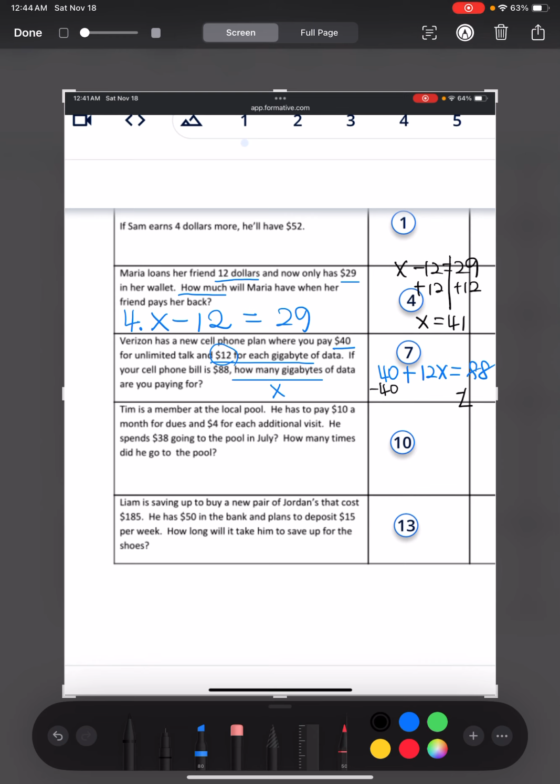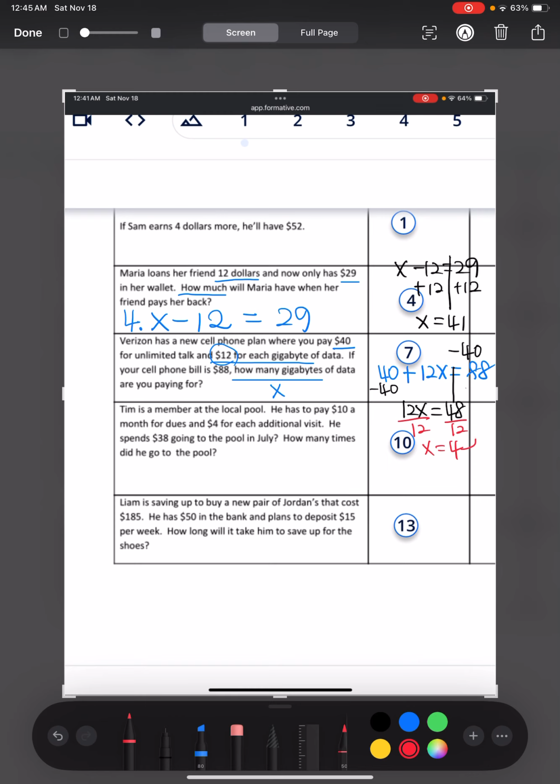So once you subtract 40 from 88, then you'll be left with just 12x on the left side. So I have 12x equals 88 minus 40 becomes 48. So this time I need to divide both sides by 12. So x equals 4.